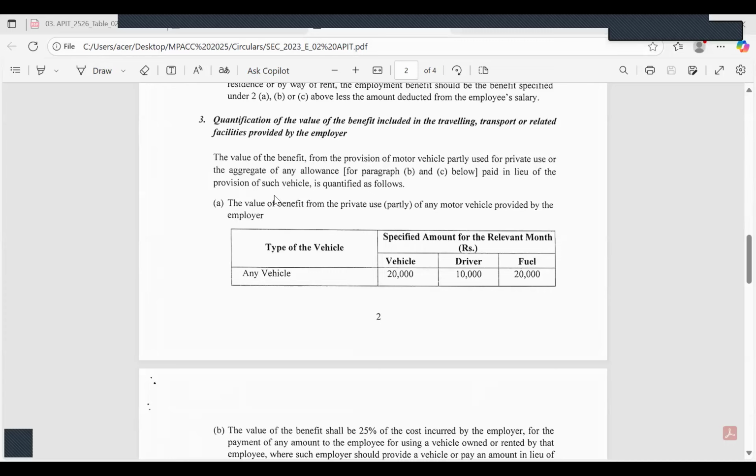So now we are going to ascertain the vehicle benefit under employment income.